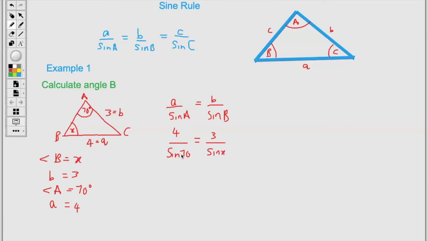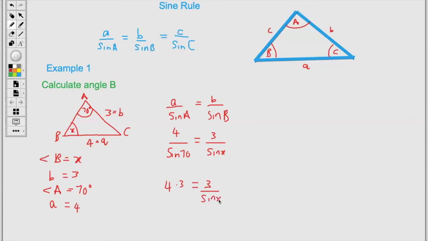Now, we can calculate 4 over sine 70 in our calculator. Just enter 4 divided by sine 70, and you will arrive at the 4.3 that I've rounded off, which is equal to 3 over sine x.